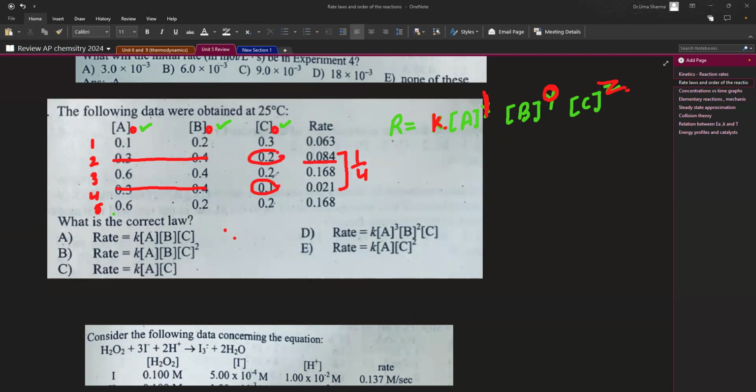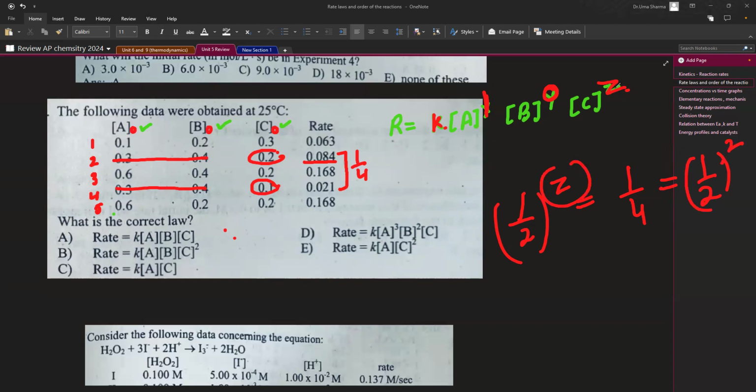Means when this is halved, the rate has decreased by 1/4. So order is 2. 1 by 2 raised to power z is 1 over 4, which can be written as 1 over 2 raised to power 2. Z is 2. And that's why I think Atharva, Rahul, everybody was saying answer is E. Good. Very fast and very good.